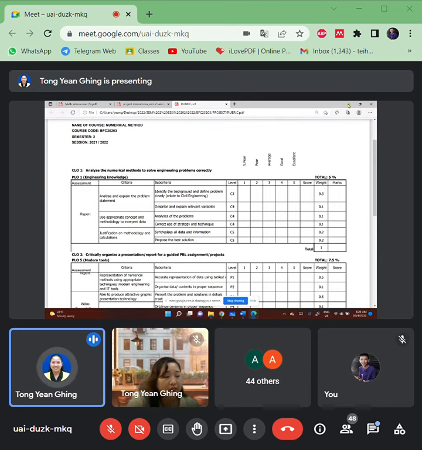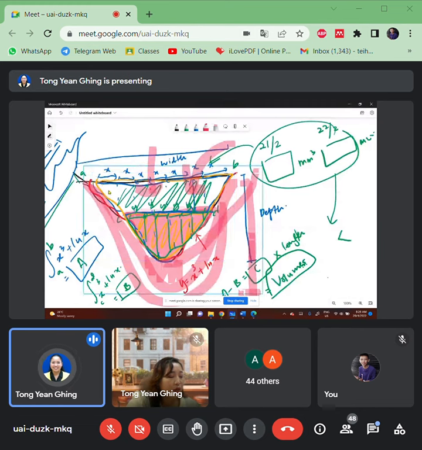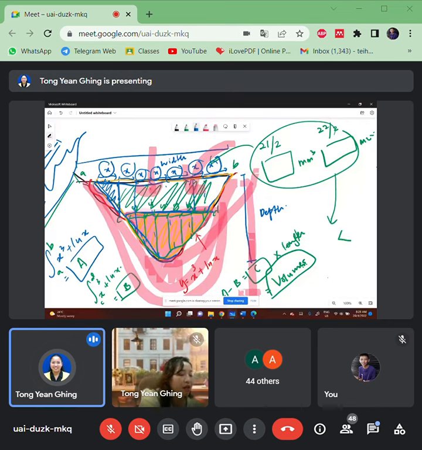From just now, from this river, we have to divide it into a few segments, where each segment will have the same step size. Okay, this is the step. The step can be like this, starting from this one, the big one.